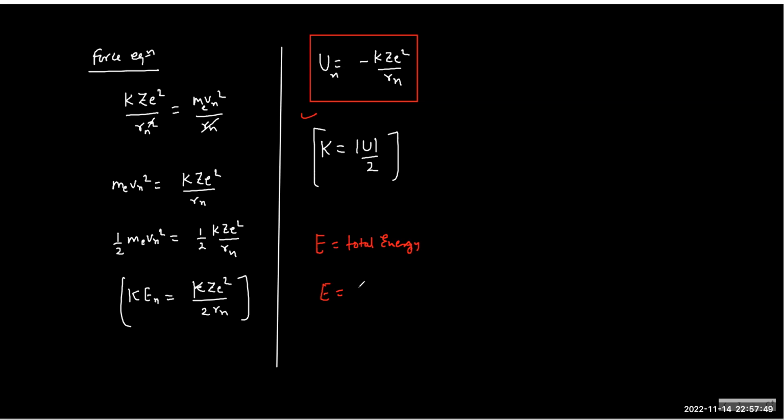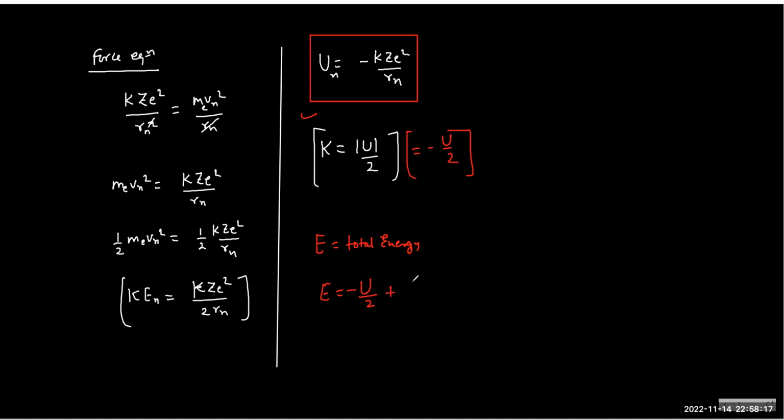Kinetic you can write as minus U by 2, because U itself is negative. You can write mod U by 2 or minus U by 2. It's the same thing. Basic maths, come on.